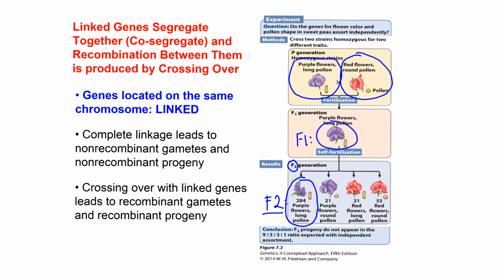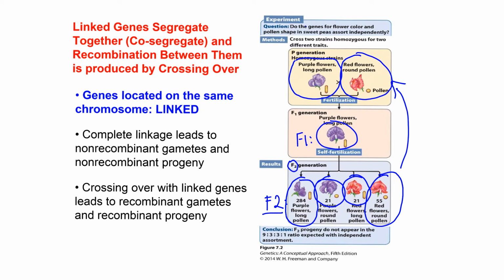The second largest group is red flower plants with round pollen, which resemble the recessive parent from the P generation. Now the recombinants, new combinations of alleles, you can see here, are least frequent. So you see immediately that two linked genes do not follow the same rule and ratios.